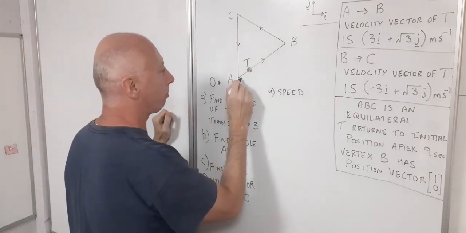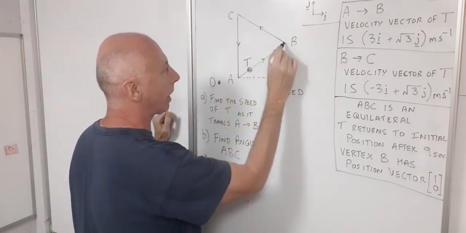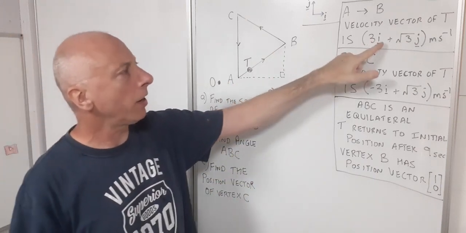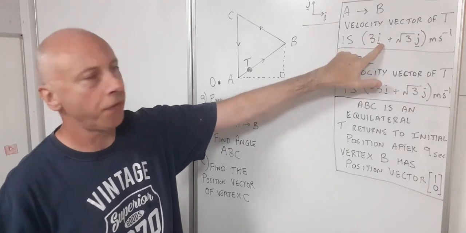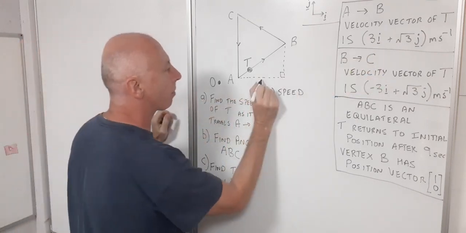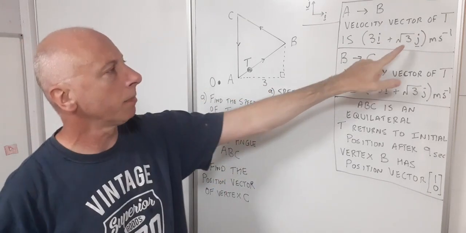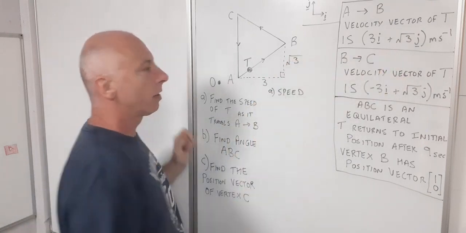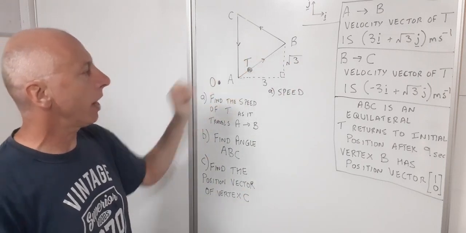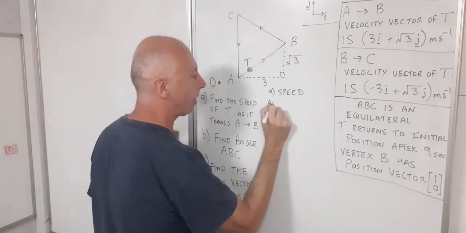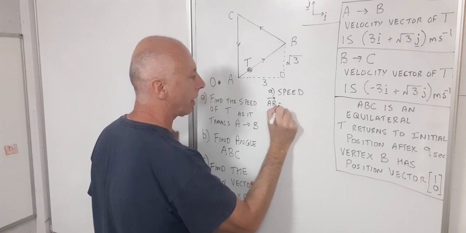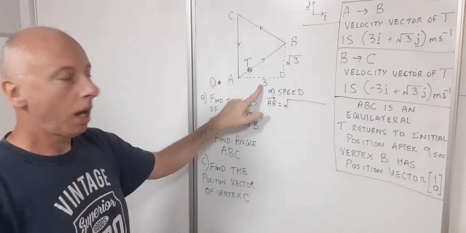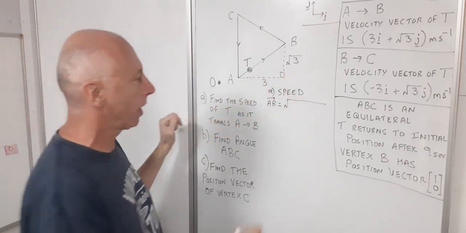If we just draw a line across and make a right angled triangle, we've got our i component is value 3, and the j component is root 3. So by Pythagoras, to find this A to B, AB just equals the square root of this one squared plus this one squared.